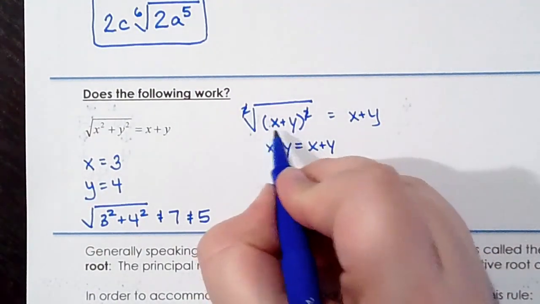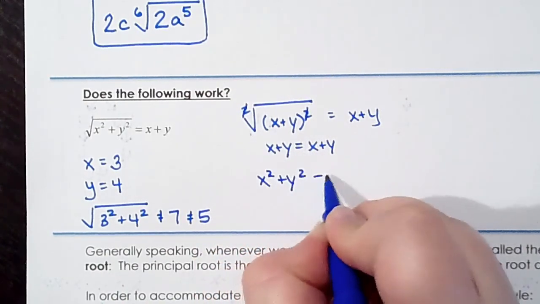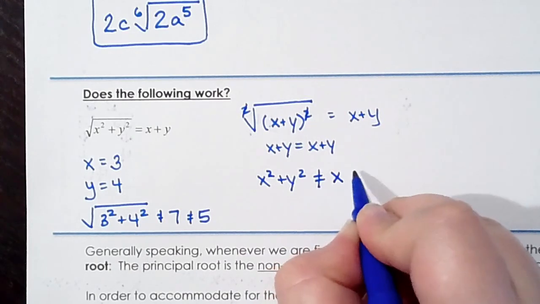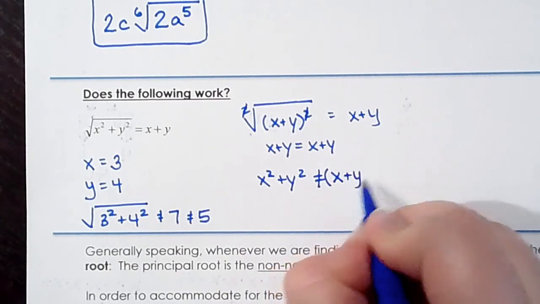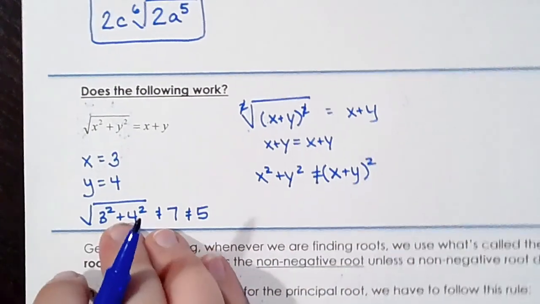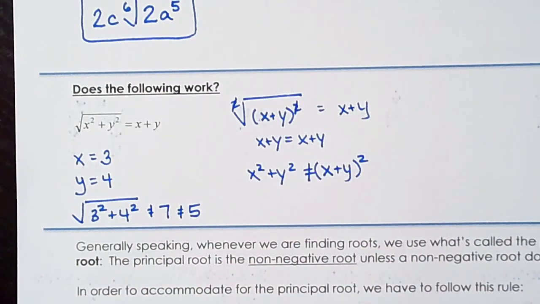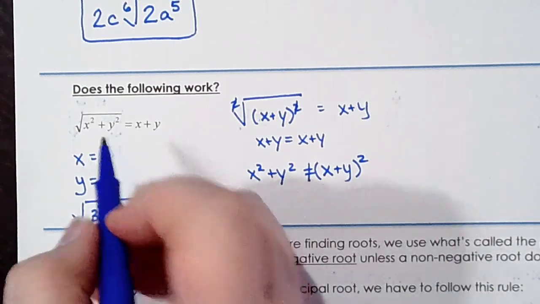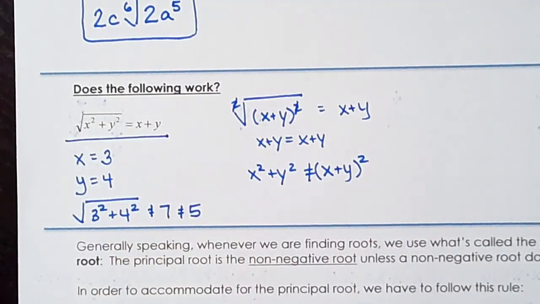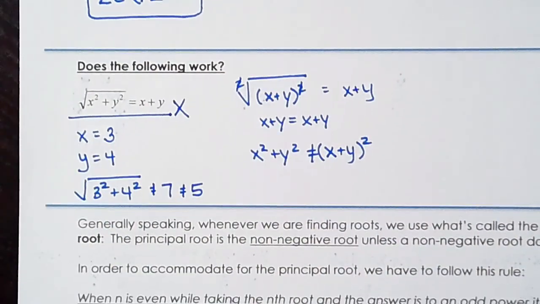And I know for a fact that x squared plus y squared does not equal the quantity x plus y squared. And so whether you want to prove it by using numbers or you want to prove it with my little mental math here of just basic algebra stuff, doesn't matter. But at the end of the day, what I want you to recognize is that this doesn't work. Not legitimate. Do not use.